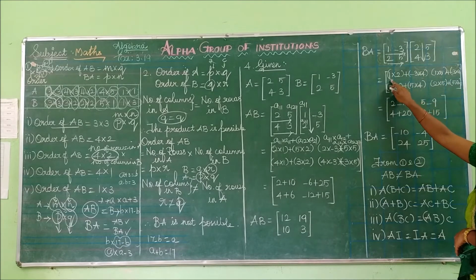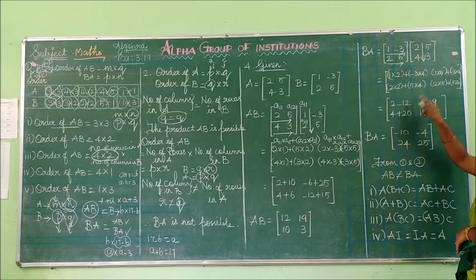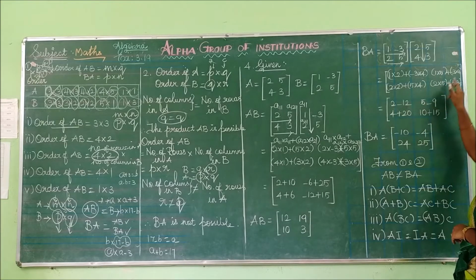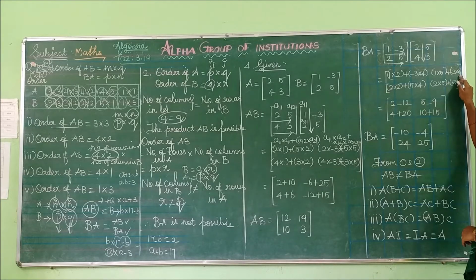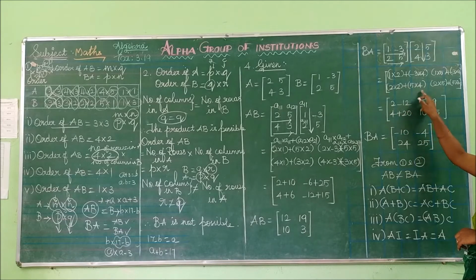Now you can multiply. 1 into 2 is 2. Minus 3 into 4 is minus 12. Then 1 into 5 is 5. Minus 3 into 3 is minus 9. Here there is a plus sign, so minus into plus is minus 9. Next 2 into 2 is 4 plus 5 into 4 is 20. Here 5 into 2 is 10, 5 into 3 is 15.